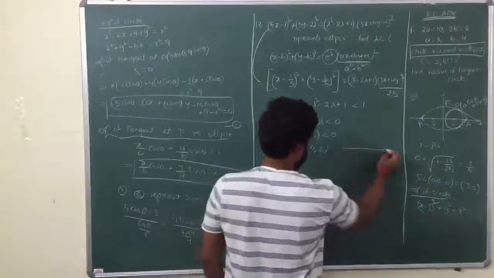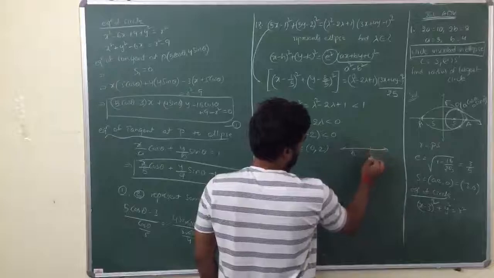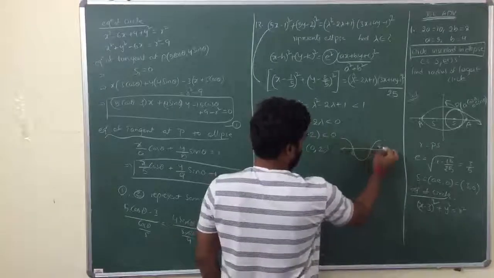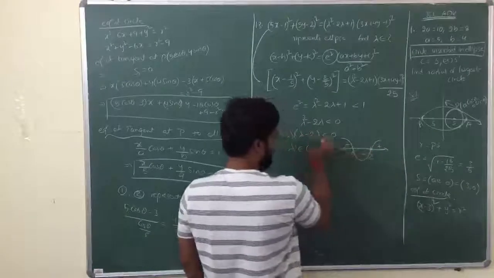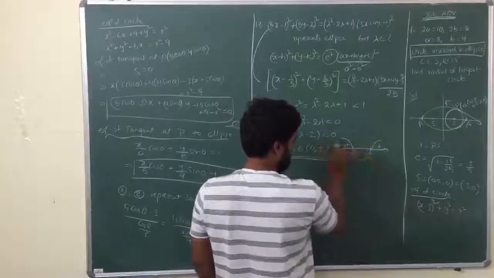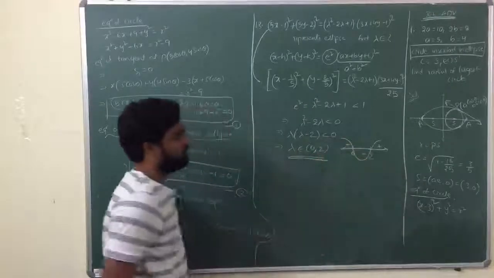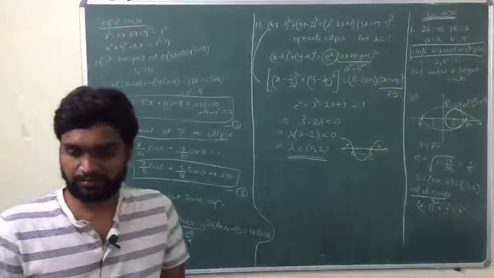Very correct. 0, 2, plus minus plus. So lambda belongs to 0 comma 2, less than 0. 0 comma 2, that's the answer.